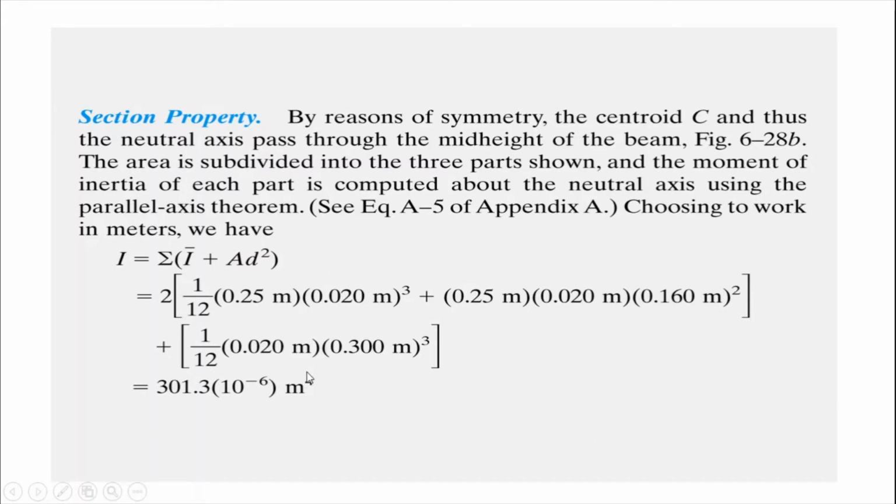So the total I is equal to the summation of I plus A into d square. The I value is 301.3 into 10 raised to minus 6 meter raised to 4.